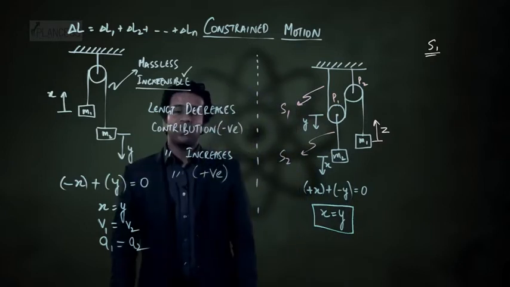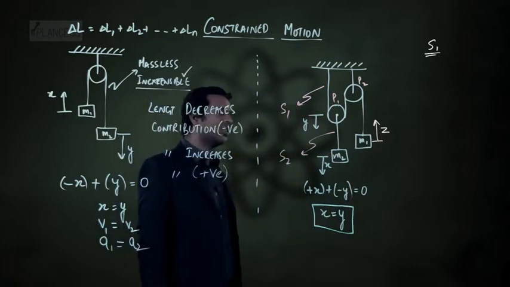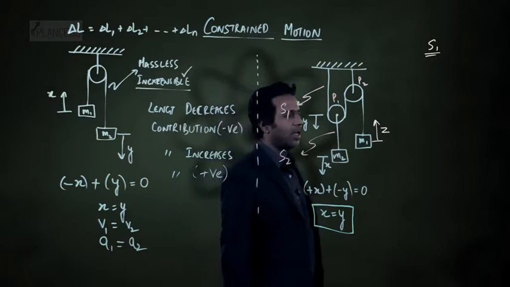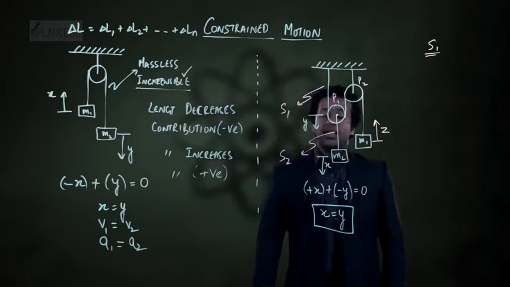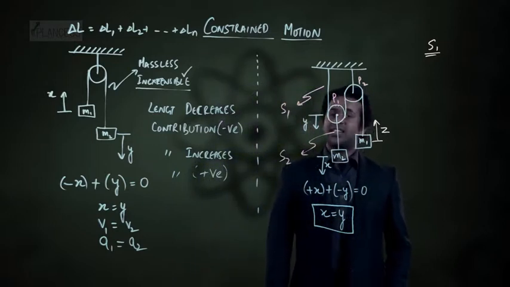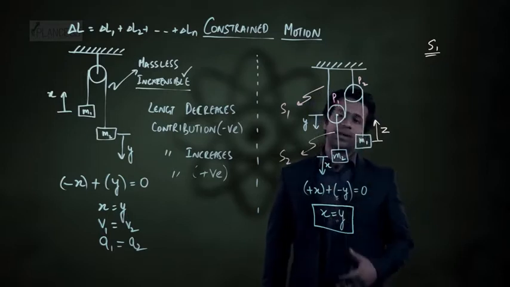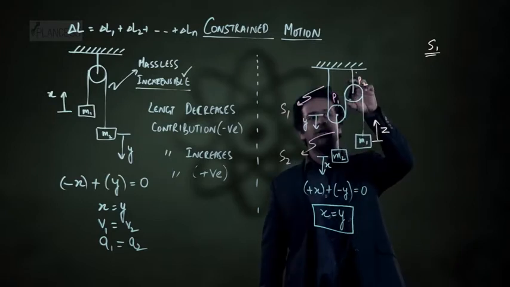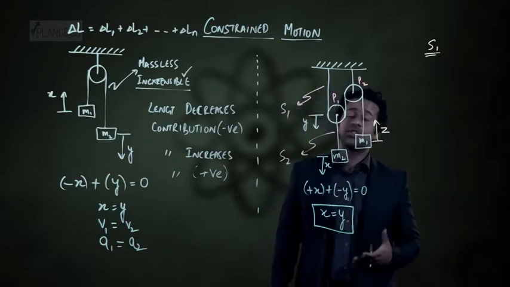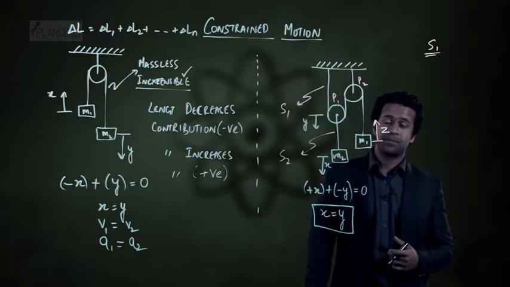So once again, we are going to write the contributions for string 1. We can see that the two things that will change the length of string 1 are M1 and pulley 1, right? Because pulley 2 stays in its place and M2 is not even connected to that string, right?